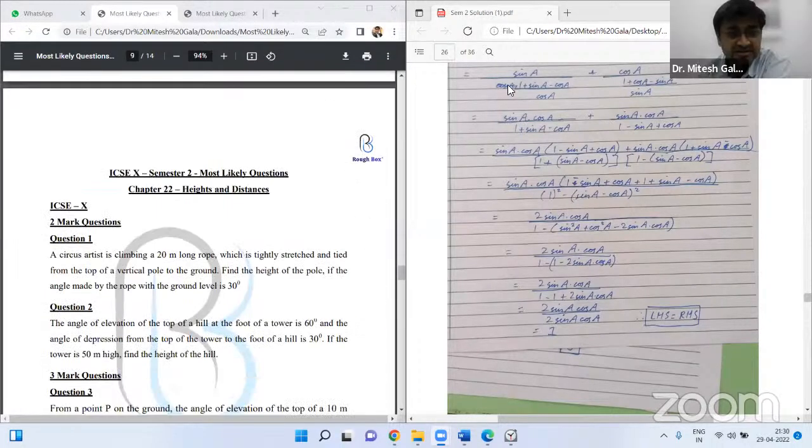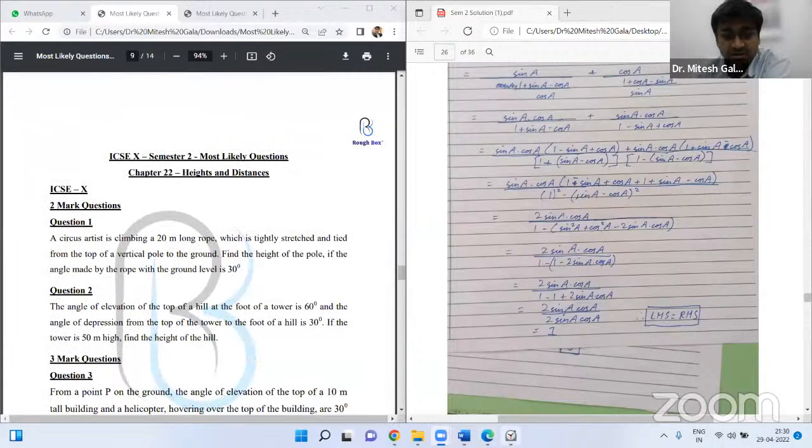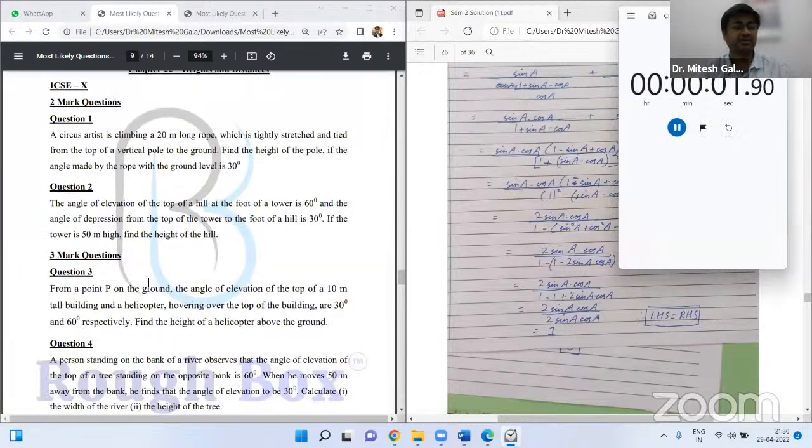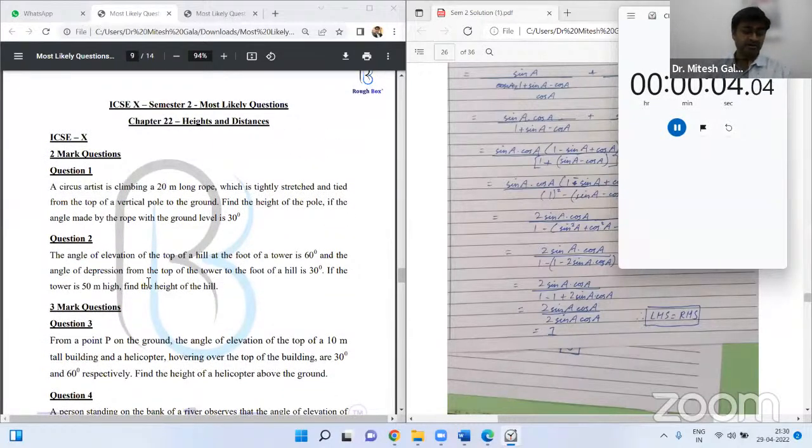Chalo, heights and distances. Question 1. In heights and distances, again I am expecting one 2-marker question as simple as this, and then one 3-marker slightly more difficult. So I have segregated both of them. So come on, go for it. Maybe a minute or 1.5 minutes and finish it off, everybody.